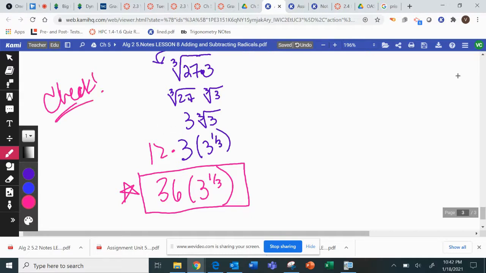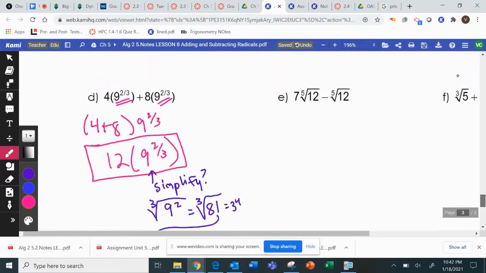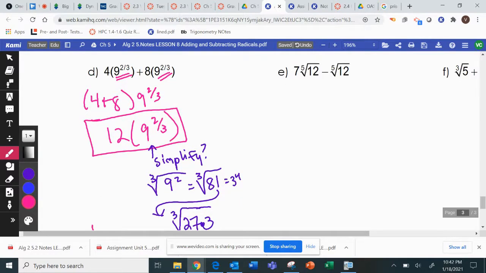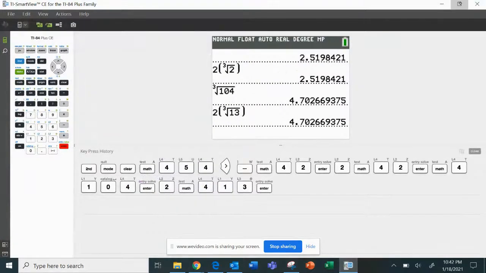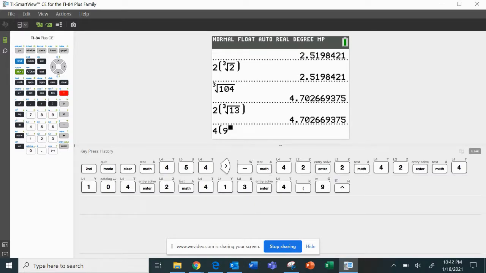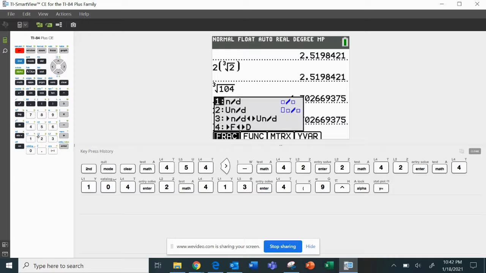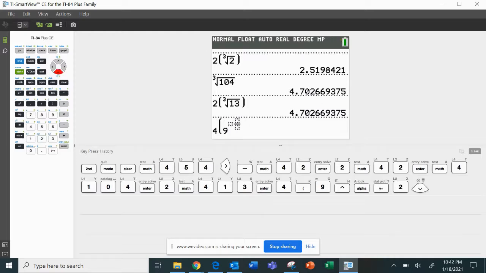Looks like check. What was our original? 4 times 9 to the 2/3 and 8 times 9 to the 2/3. Okay. 4, parenthesis, 9, caret, 2 over 3.